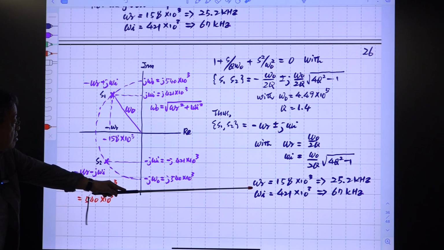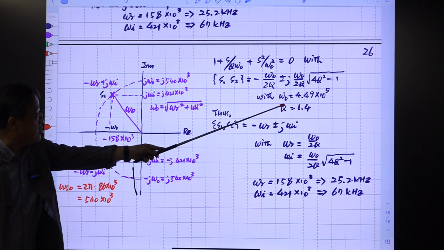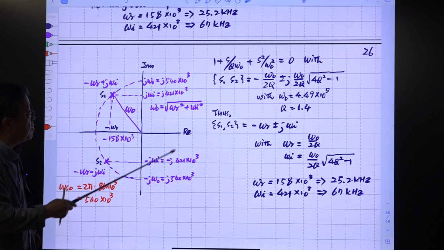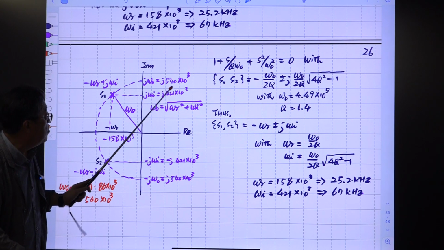This is j omega naught, and we know the omega naught. This should be this number, because this is j omega naught and this is minus j omega naught. Okay, so somehow I made a mistake. I think we have this number.